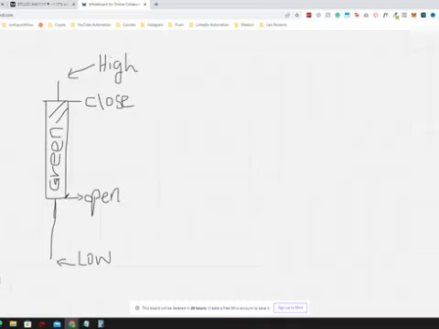So it means that when this candlestick opened at this price point, let's name this price point P1, and then let's name this price point P2. Actually, let me erase this. Let me do it this way.